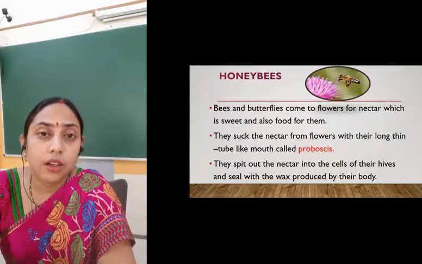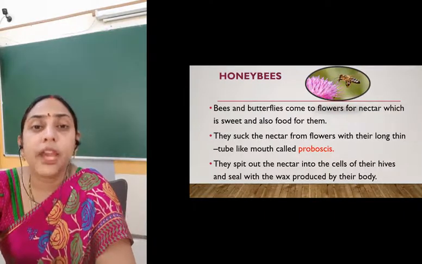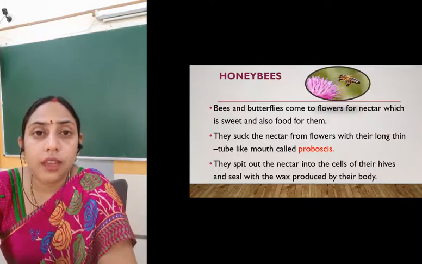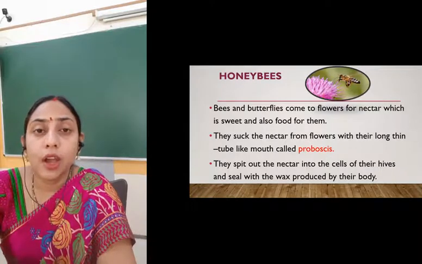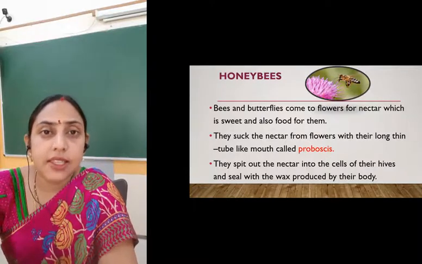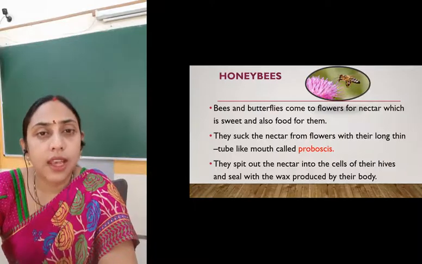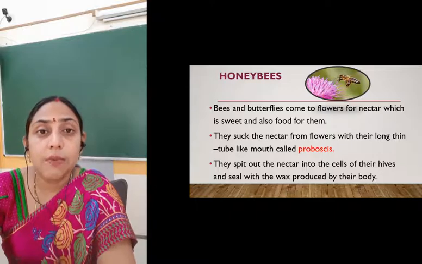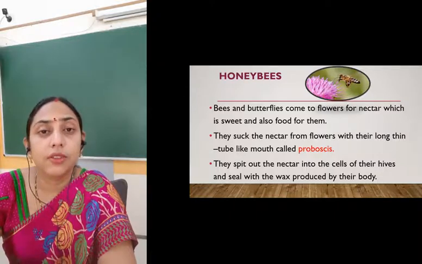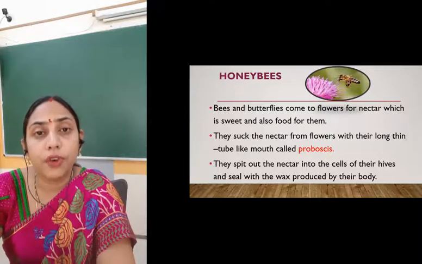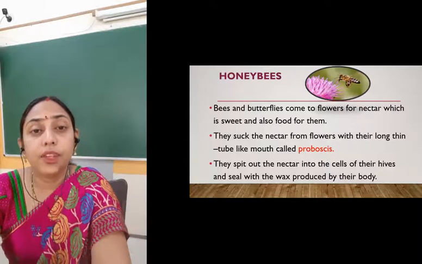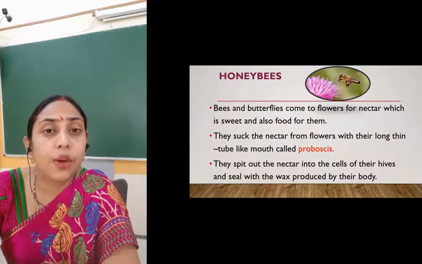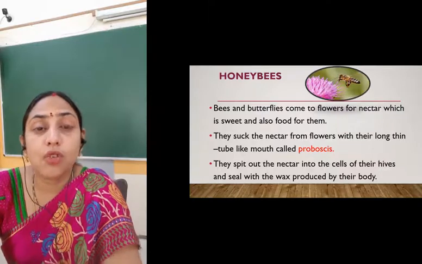So their hives are made up of hexagonal cells, right. Now they spit this nectar into the cell and they seal that cell. Sealed means to cover it fully. They fully cover it with the liquid that comes out from their body, which is called wax.